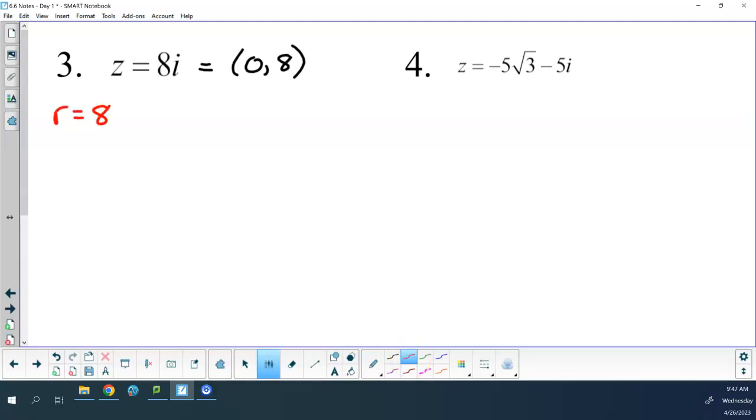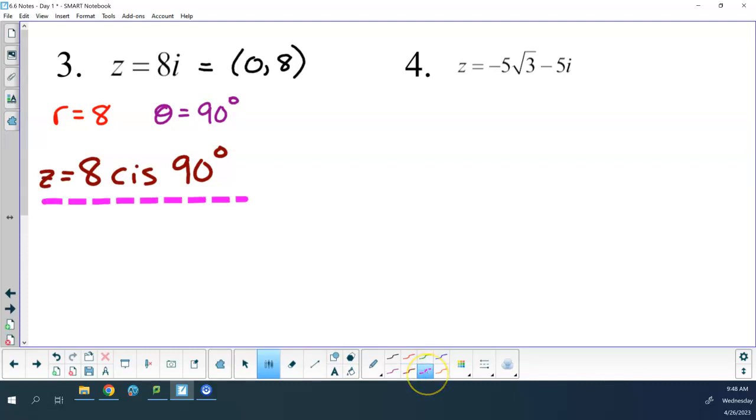Without doing any math, what's the theta angle? Why 90? Because it's straight up, right? And straight up on the unit circle is 90. So this one is 8 cis 90 degrees. Okay. Do number 4.